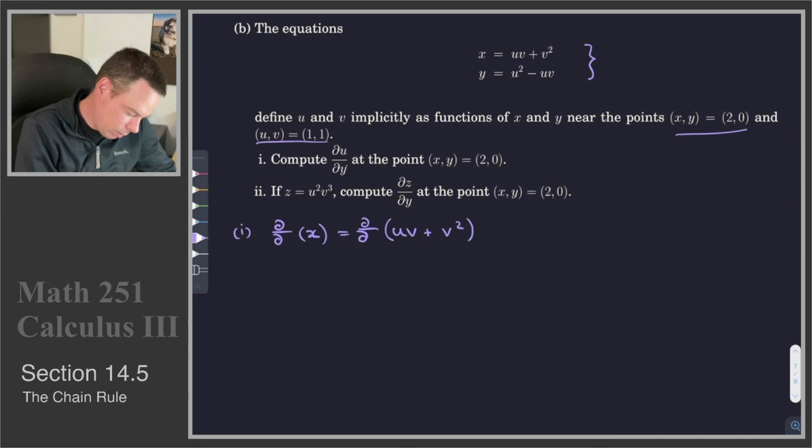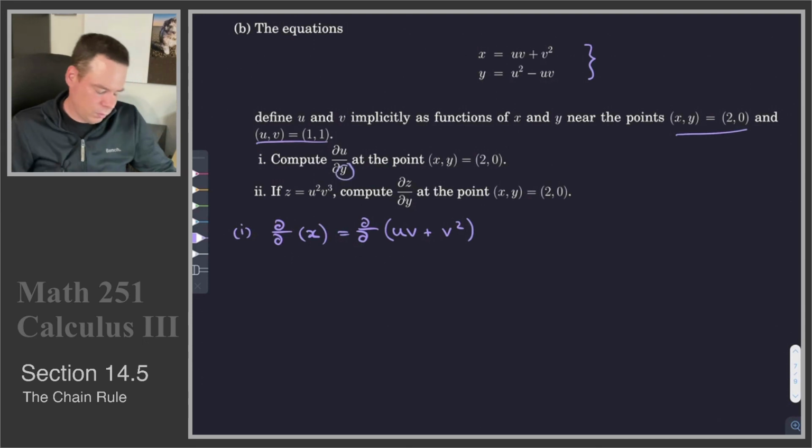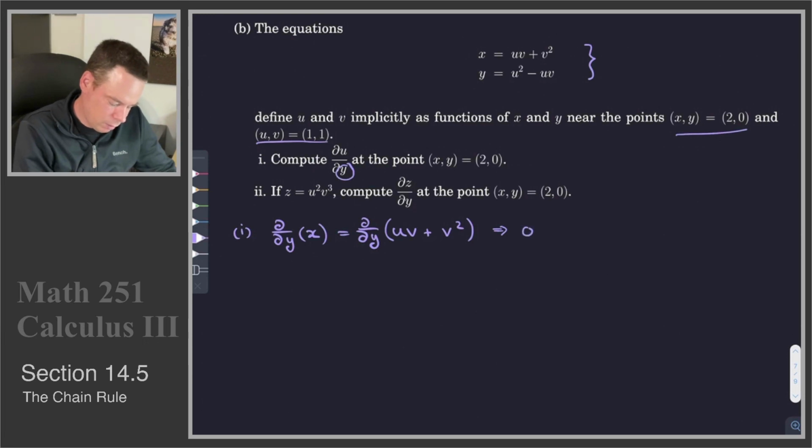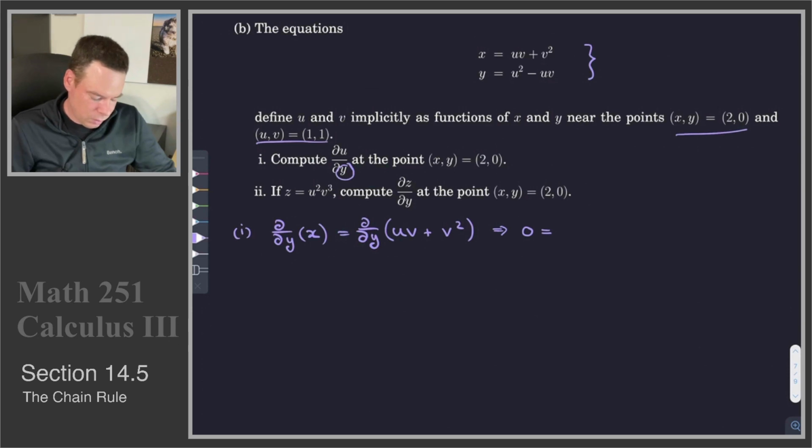Well, I'm ultimately interested in the derivative with respect to y. So that's the derivative I'm going to take, the derivative with respect to y. And when I do that, the derivative of x with respect to y, that's 0, because x and y are independent. And then for the next piece, I'm differentiating through this function of u and v with respect to y, because I'm thinking of both u and v as functions of x's and y's.